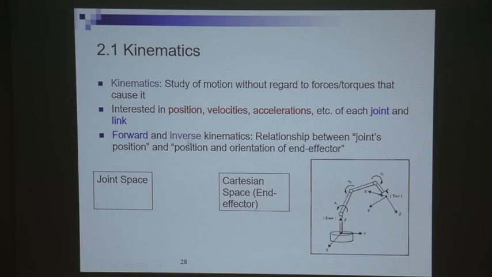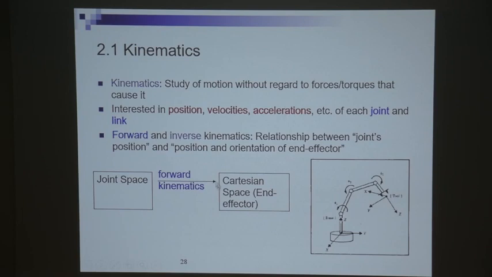The forward kinematics will represent the joint space. So you turn the joint, you rotate the joint, and then you cause a change of position of the end effector. The change of position of the end effector is in the Cartesian space. So this is forward kinematics.